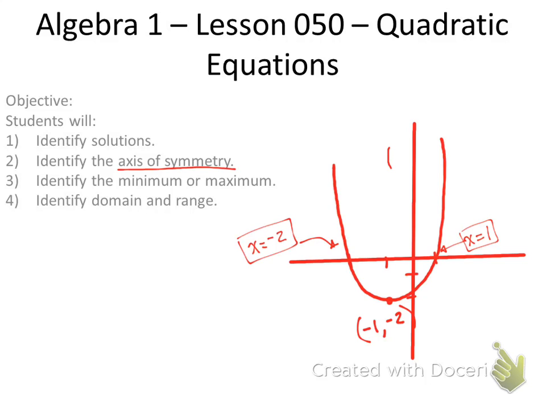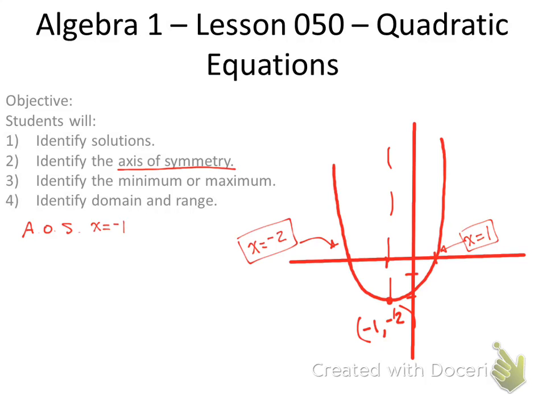So, this line right here is called the axis of symmetry, and the way we figure out the axis of symmetry, we could write it as AOS, and all you do is you write x is equal to, and then you take this first number in the vertex, which is -1, plug it in here. Okay, that's your axis of symmetry.